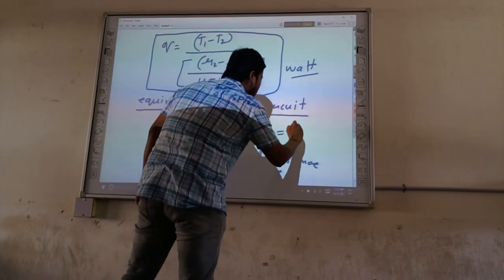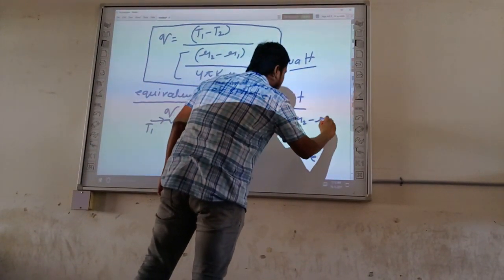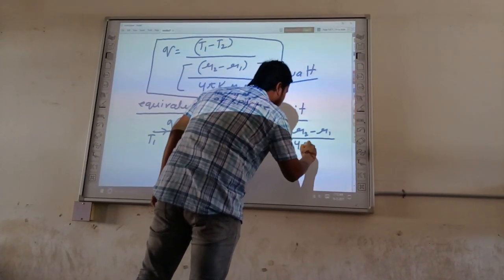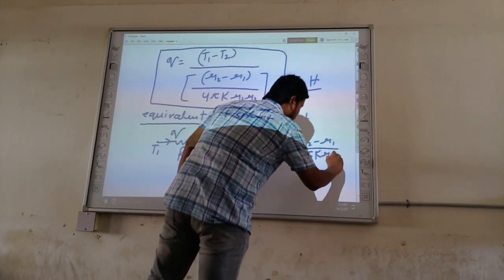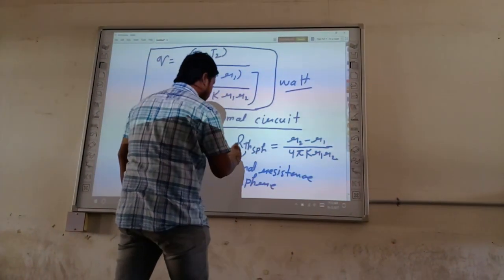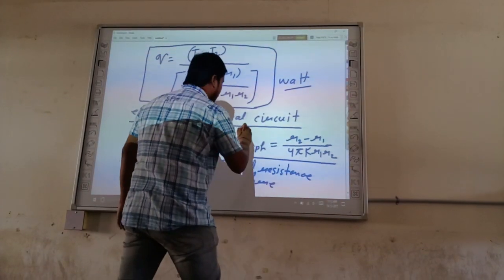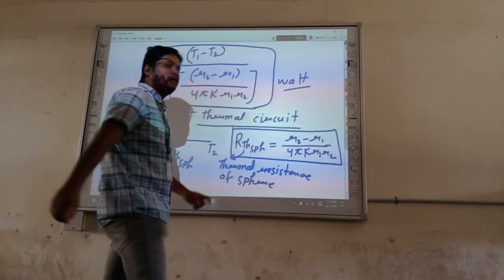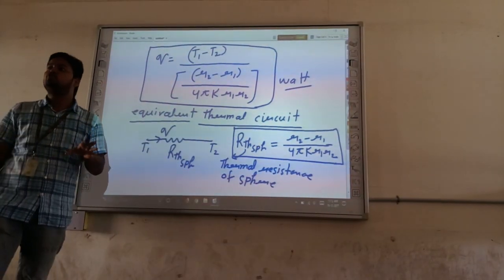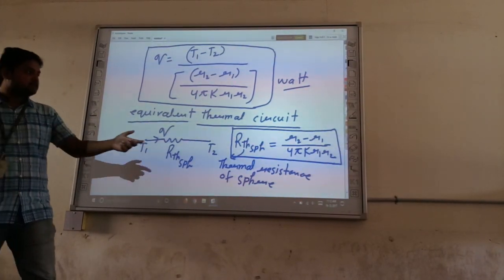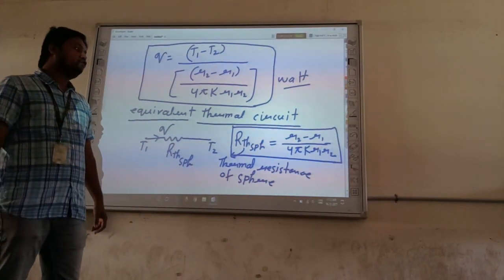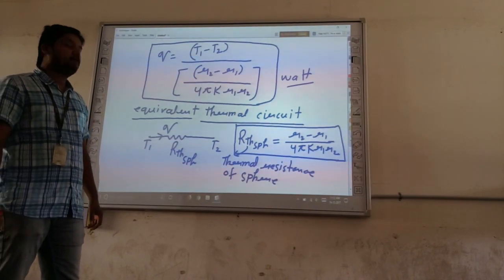And this is nothing but R2 minus R1 upon 4 pi K R1 R2. This we have to remember. Like in case of cylinder, it was ln R2 upon R1 upon 2 pi KL. Here it is R2 minus R1 upon 4 pi K R1 R2.